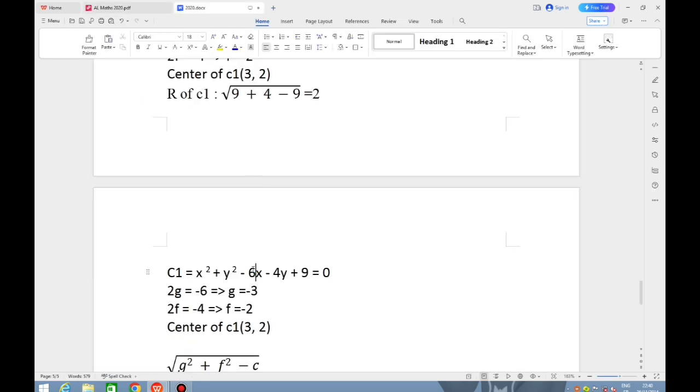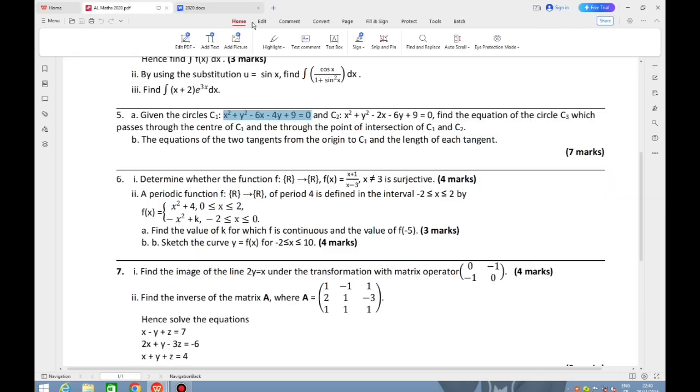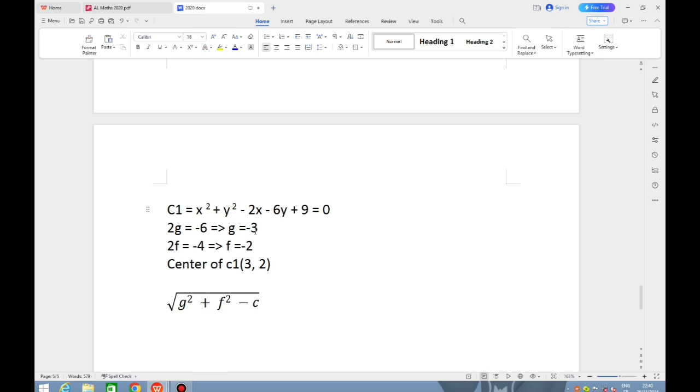So that's the equation of circle 2. We have that 2g is equal to negative 2, and g is equal to negative 1, and minus 2f is equal to minus 6, and f is equal to minus 3.